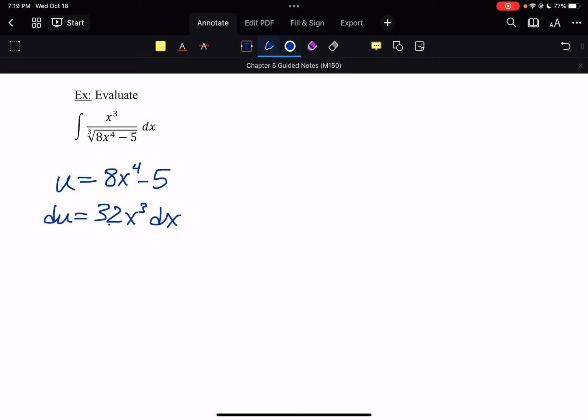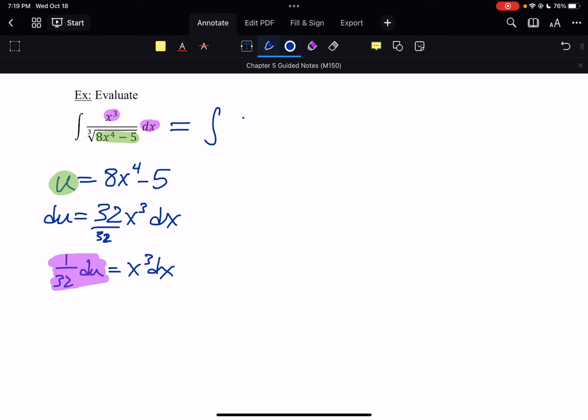There is no 32 up here, so let's just divide that under both sides. So we get 1 over 32 du equals x cubed dx. So everything inside this cube root gets replaced by u, and the x cubed dx gets replaced by 1 over 32 du.